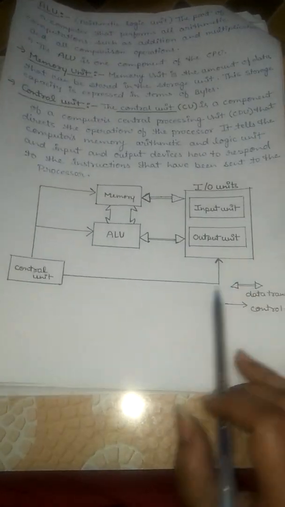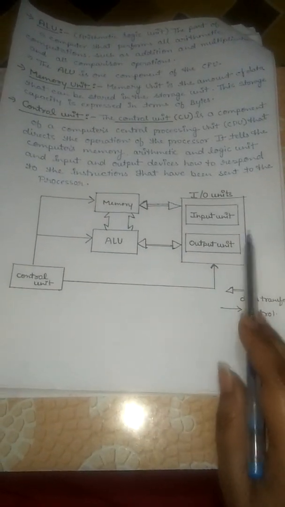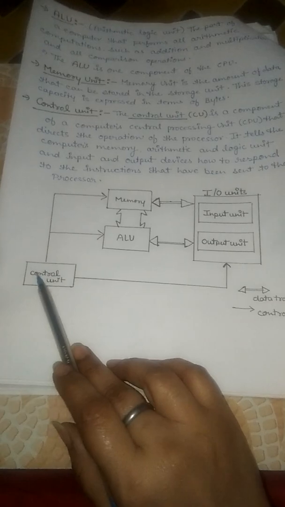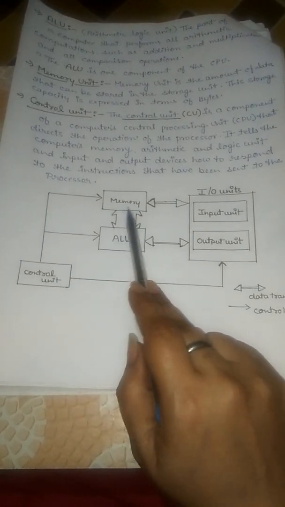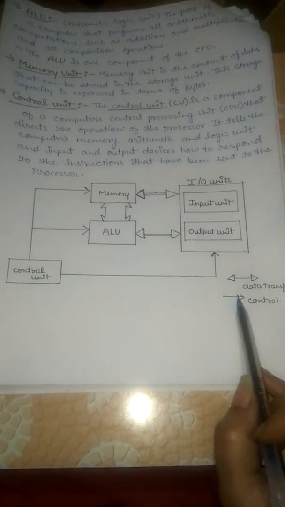Now here is the chart: input unit, output unit, then control unit, ALU, then memory unit.